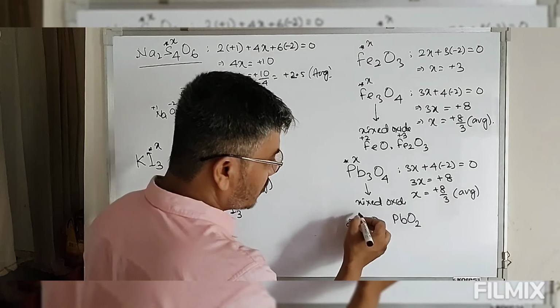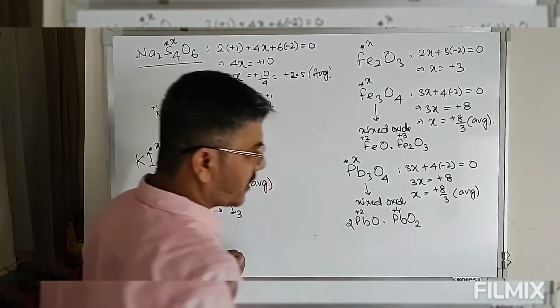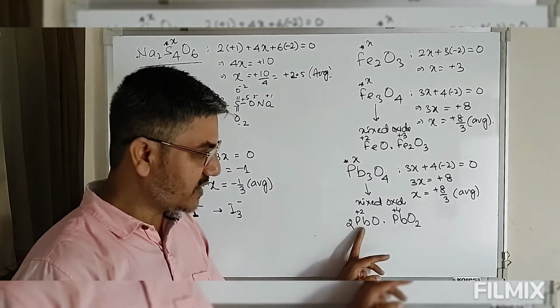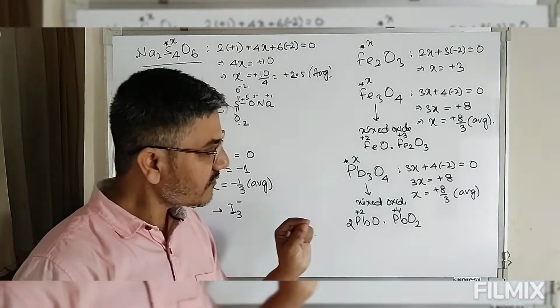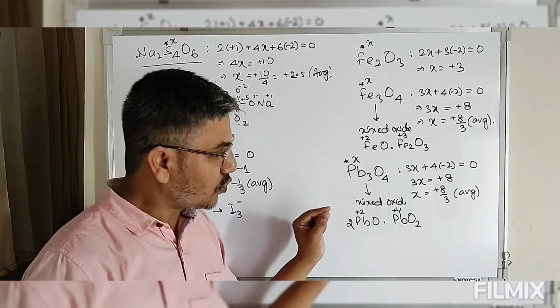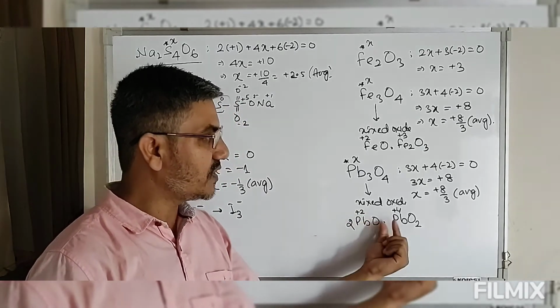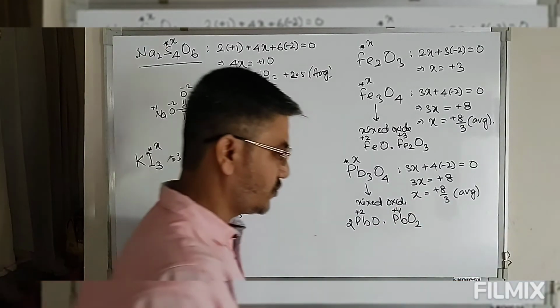Now in PbO, this lead is in plus 2 oxidation state, and in PbO2 this lead is plus 4. Now there are 2 different types of lead. One is in plus 2 oxidation state, the other one is in plus 4 oxidation state. So the total oxidation state of 3 lead is 4 plus 4, 8. So the average comes out to be 8 by 3.